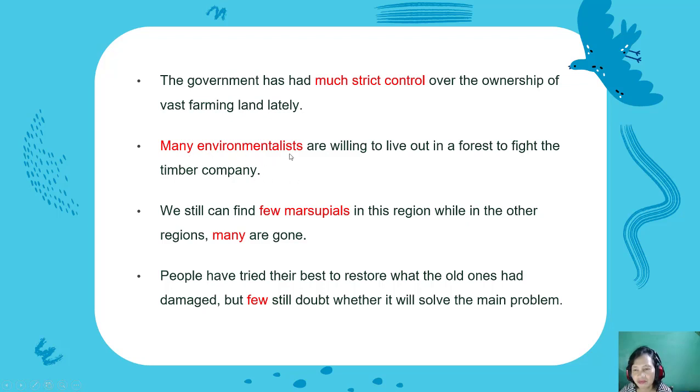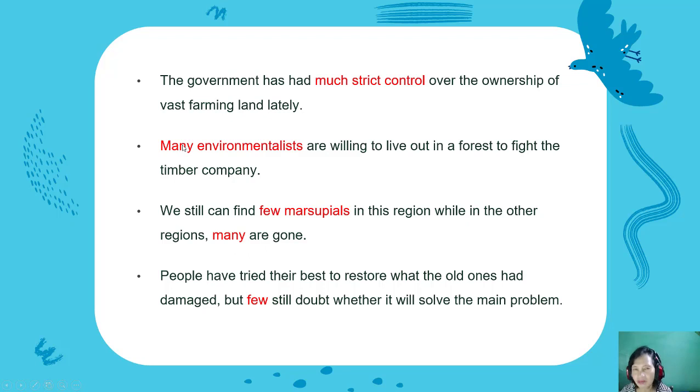So many environmentalists with plural form, don't forget, because of course many is more than one, and for countable nouns. We still can find few marsupials in this region, while in the other regions many are gone. I want to compare these many and many here.